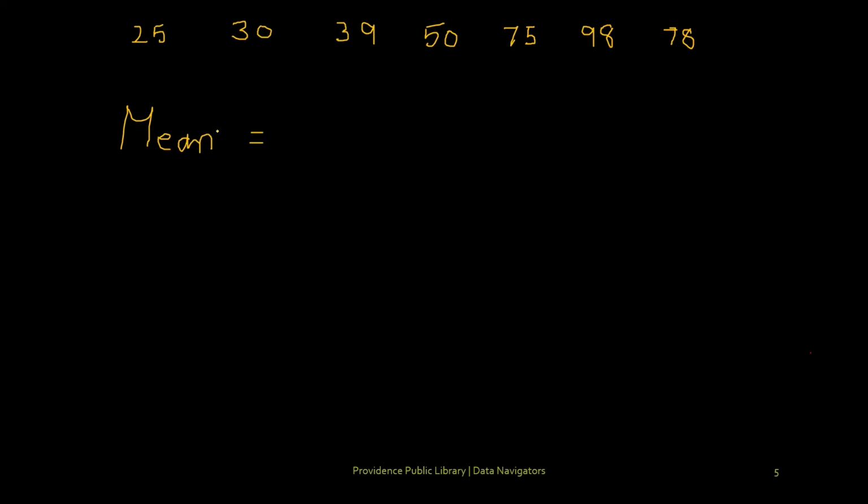What is mean? How to calculate the mean? We add all of the data points, that is 25 plus 30 plus we include 39, we add everything, plus 50 and then plus 75 and then 98 plus finally we have 78.